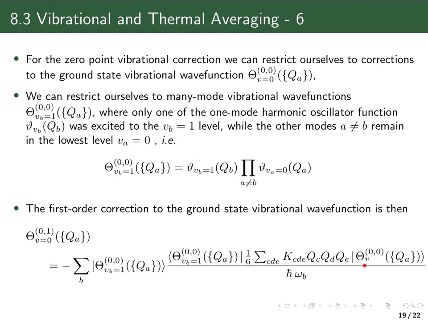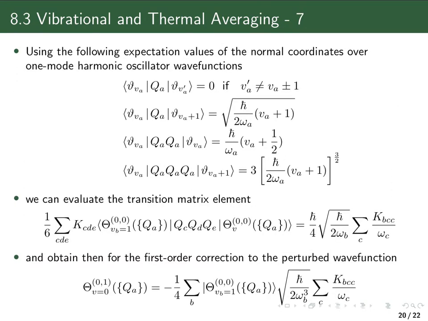So now we have to evaluate this integral up here. It's in a way a transition moment because this is a ground state and this is an excited wave function. But we should remember that these are product wave functions, product of harmonic oscillator wave functions, and here we have the corresponding normal modes. So in order to evaluate this integral, we need some integrals over simple harmonic oscillator wave functions, different ones, ground and excited states, and with one normal mode, or with two normal modes, or with three normal modes.